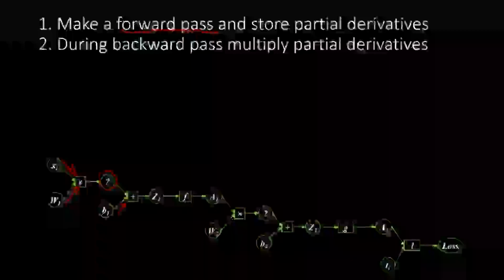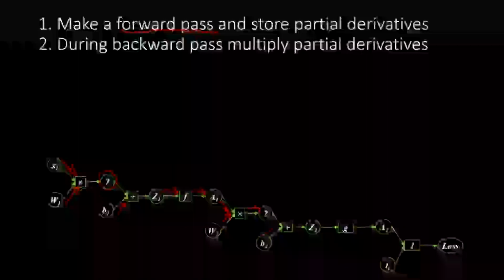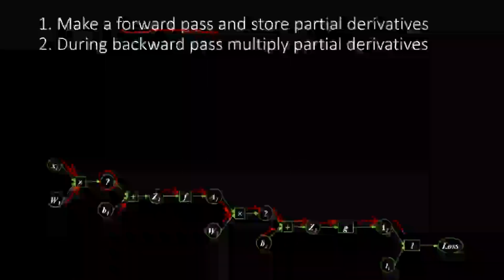What we get is z, we give that as an input to a function, and what we get out of that is a. Then we multiply that a with w, add the bias b2 to it, and we get z2. We give that as an input to g, and whatever comes out of it is a2, and this is the output of the neural network.